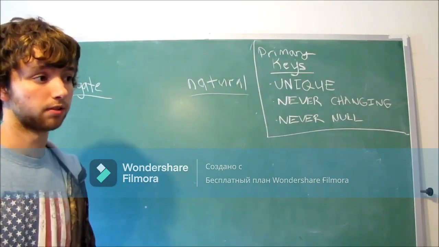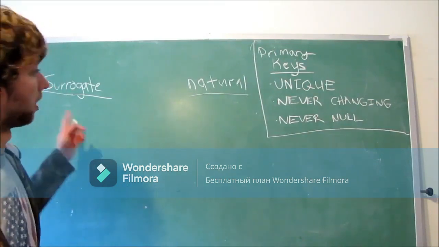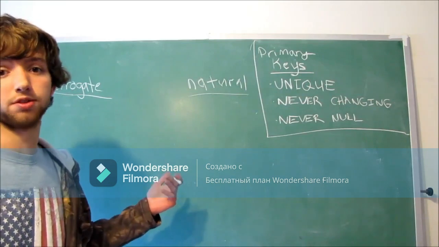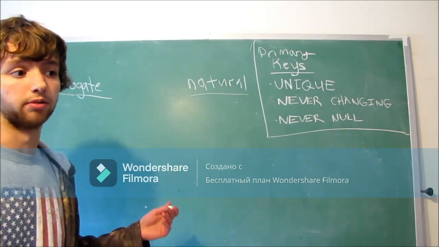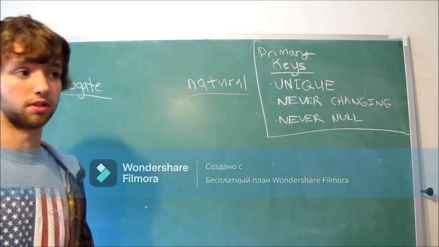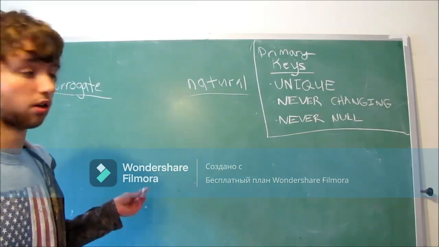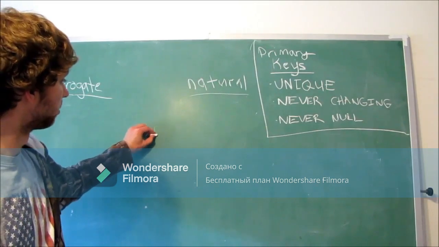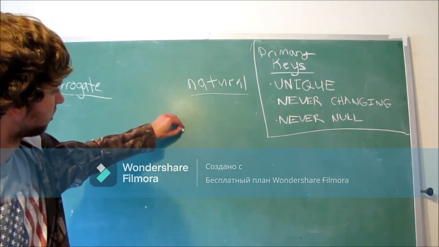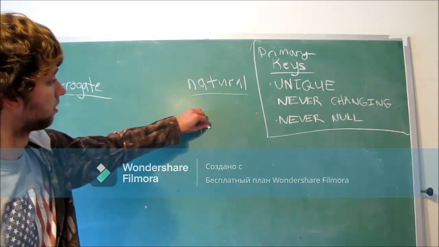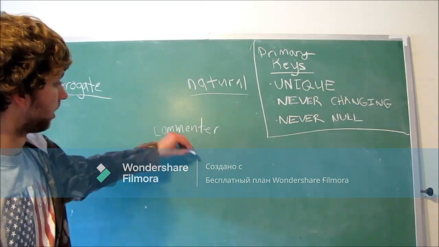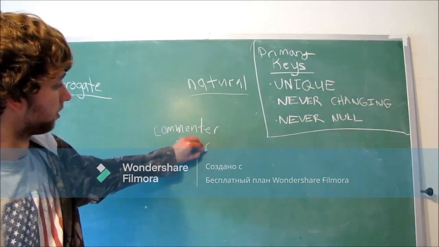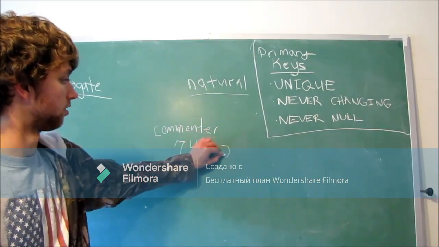Now, a couple other things, besides the fact that you have to add a new column, which requires you to store more data, it can be confusing sometimes when all you're working with is combinations of numbers. Let's say we have a commenter column for a comments table, and we have the value 7,462.